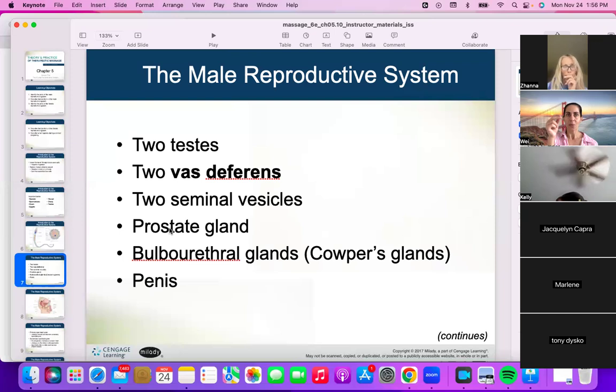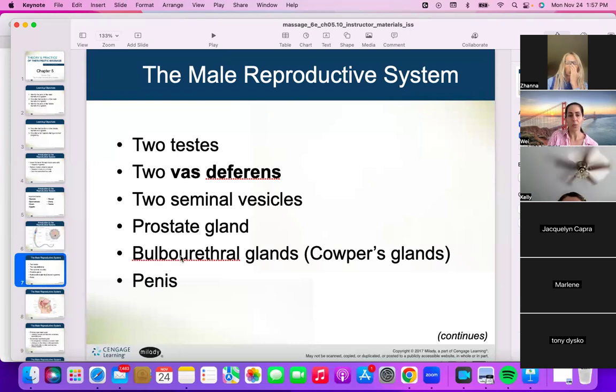But what the sperm's trying to do here, or the prostate gland is secreting the alkaline fluid to make it easier for the sperm to actually get inseminated. Instead, the acidic environment of the vagina could be too much for the sperm. So this is one of the benefits of that alkaline fluid that gets secreted from the prostate gland.